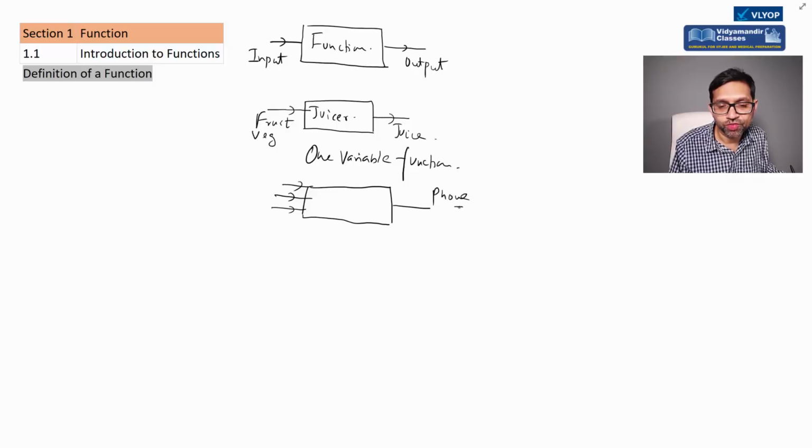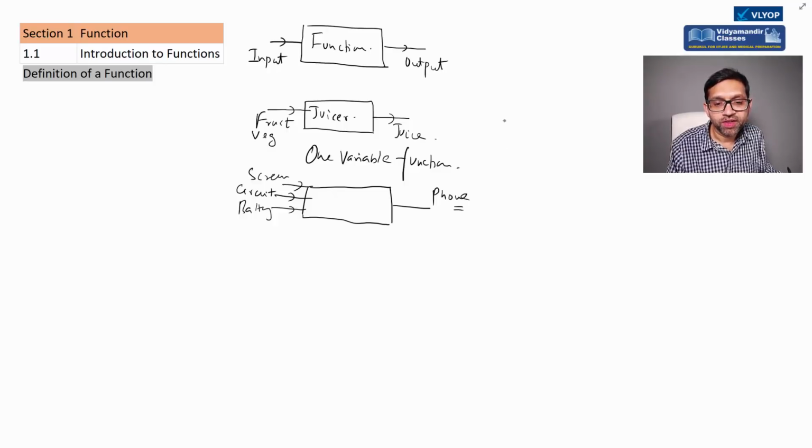If we have to produce a phone, suppose it's an assembly machine, we have to fit a screen, the circuitry, or you can say the motherboard where all the chips are installed, and then the battery. Everything has to go inside to make a phone. So a function can take a single variable to produce output, or multiple variables to produce output.